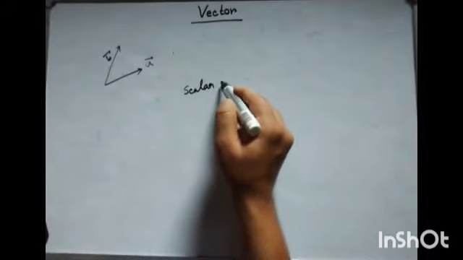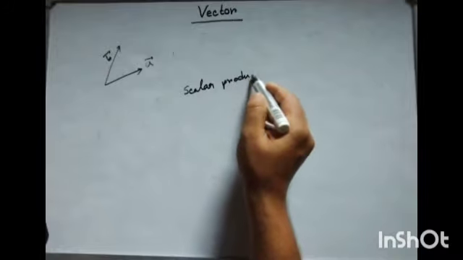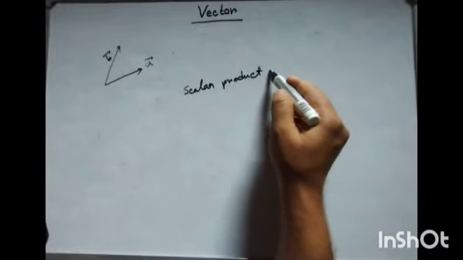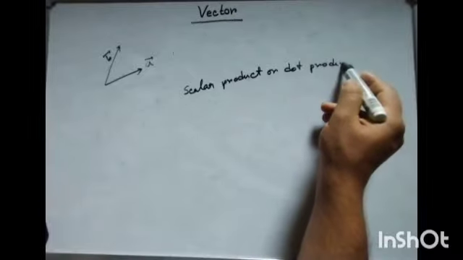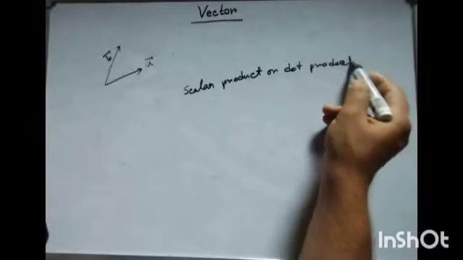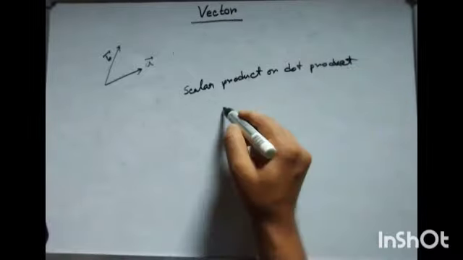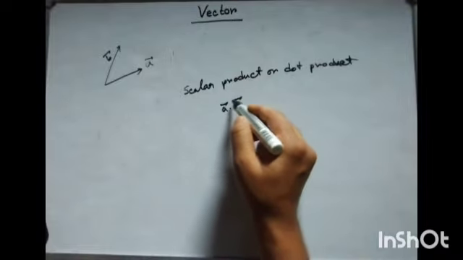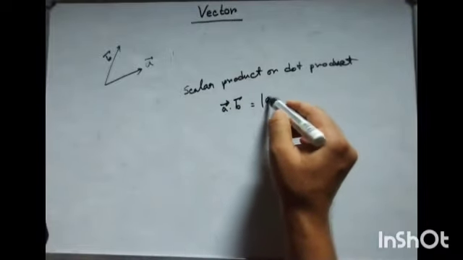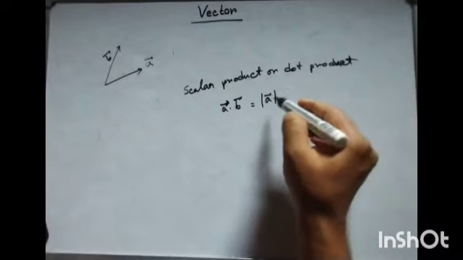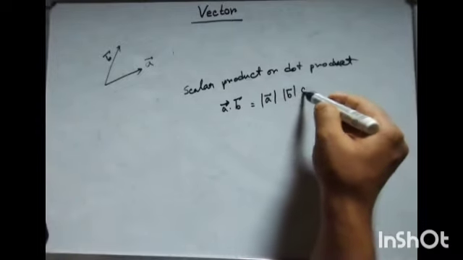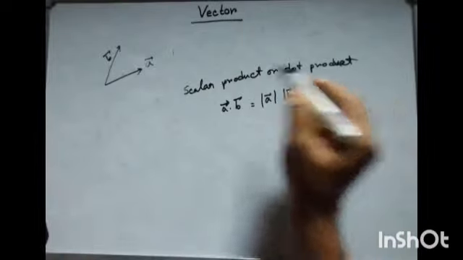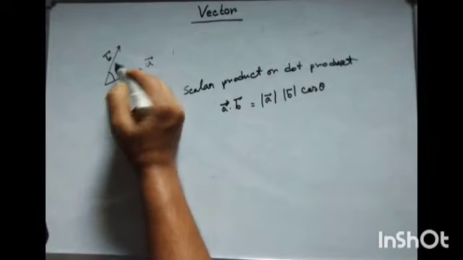One is called scalar product or dot product, and this is represented as a vector dot b vector, and it is defined by mod a vector, that is magnitude of a vector, into magnitude of b vector into cos theta, where theta is the angle between these two vectors.